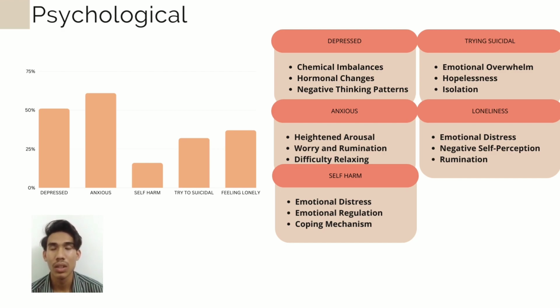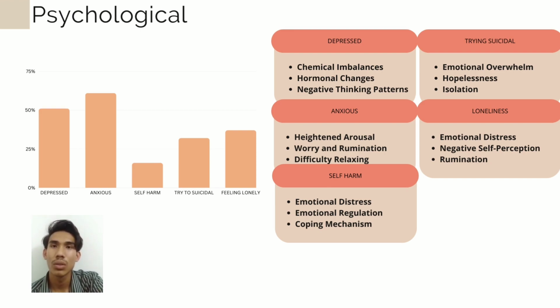Why does suicidal have 32%? Because of emotional overwhelm. Chronic stress can lead to intense emotional distress and a feeling of being overwhelmed. This emotional pain can become so severe that individuals may contemplate suicide as a way to escape their suffering.